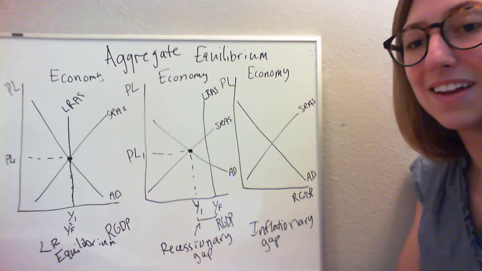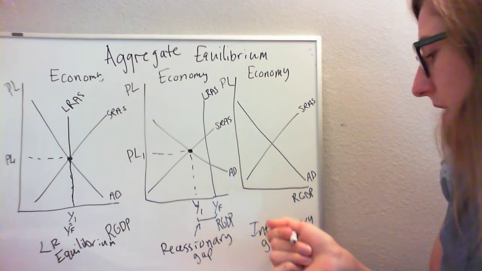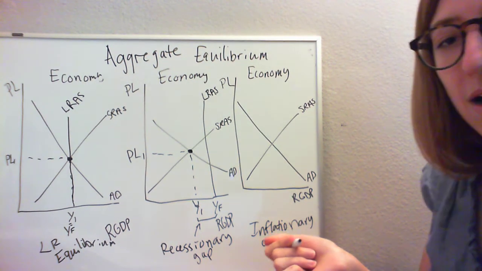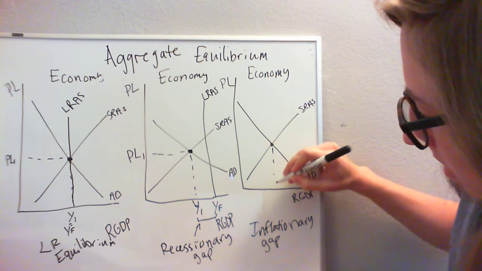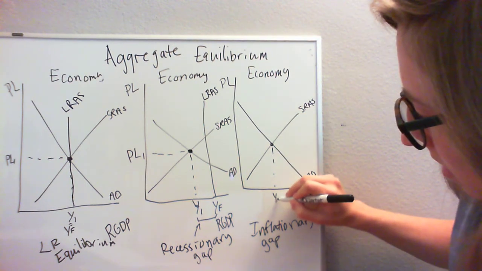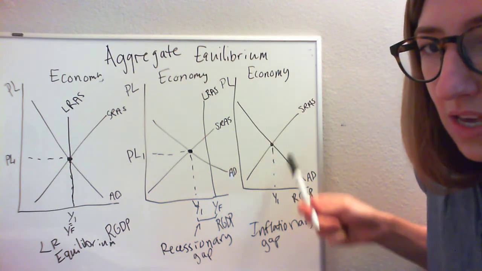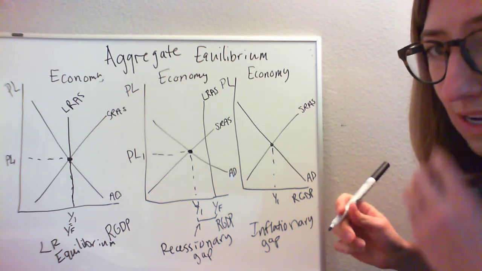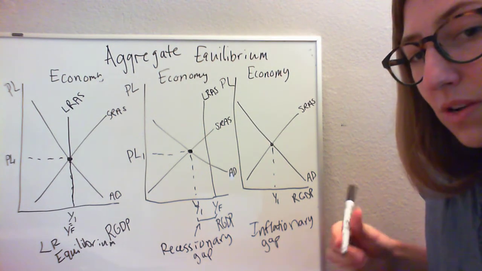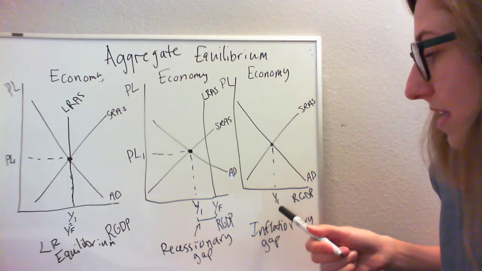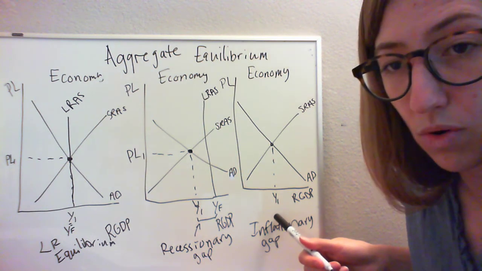I'll give you a second to catch up. So normal labels: price level, real GDP, SRAS upward sloping, aggregate demand downward sloping, economy. So an inflationary gap: this production is greater than normal production.